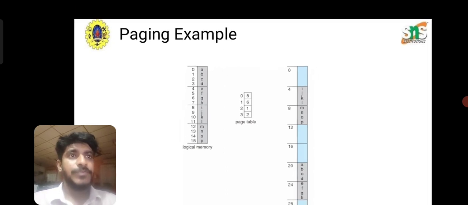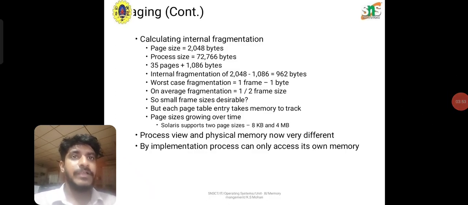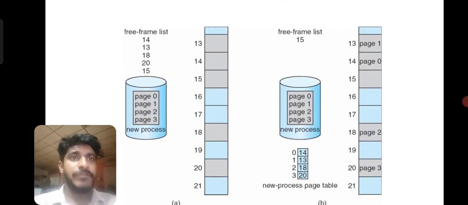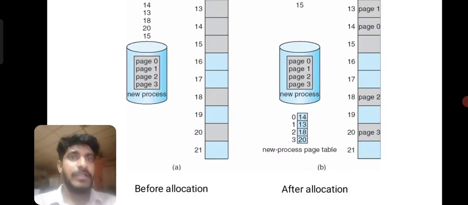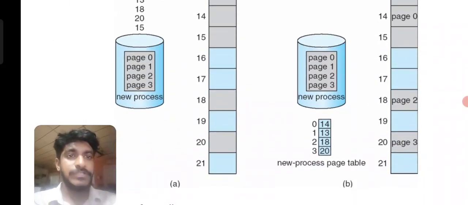In this paging example, n equals 2 and m equals 4, with 32 bytes of memory and 4-byte pages. We can calculate the example continuously. The free frames picture shows the kind of allocation we can see on the screen.